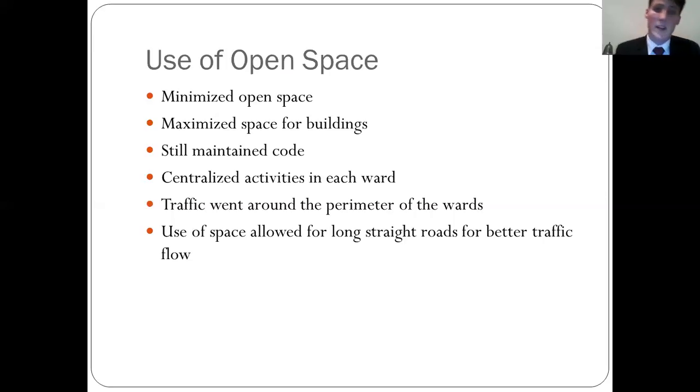The roads went around the outside of these wards, which helped traffic stay away from people, and it also had long straight roads which made it easy for traffic to move through. The system of roads was also very adaptable to different traffic needs over the course of the years that it was there.